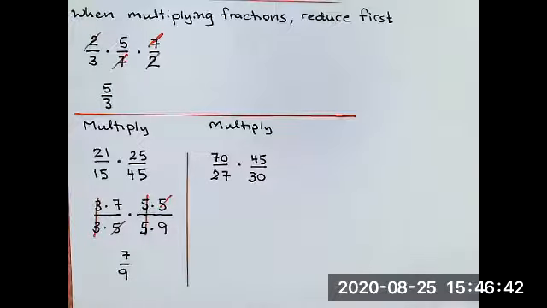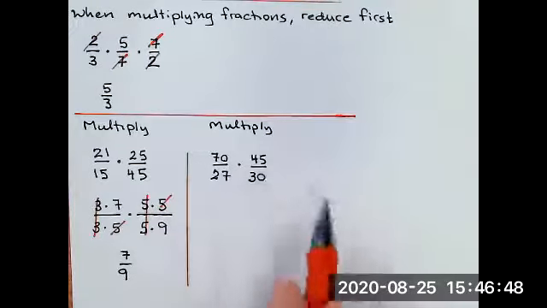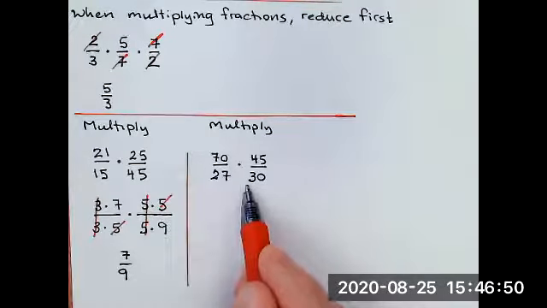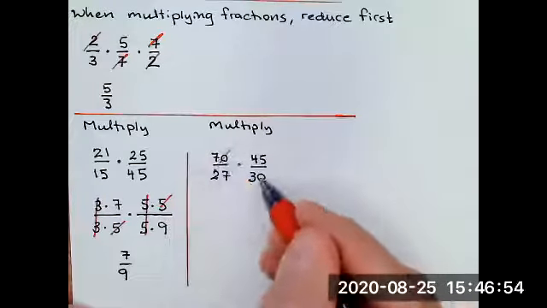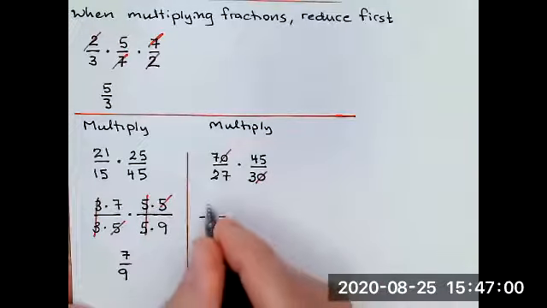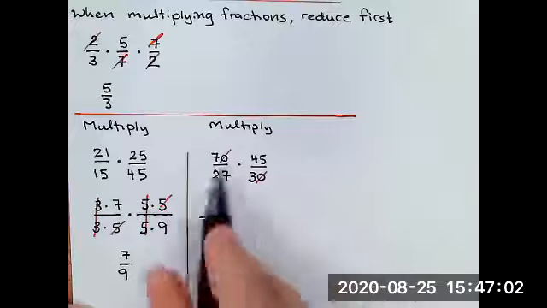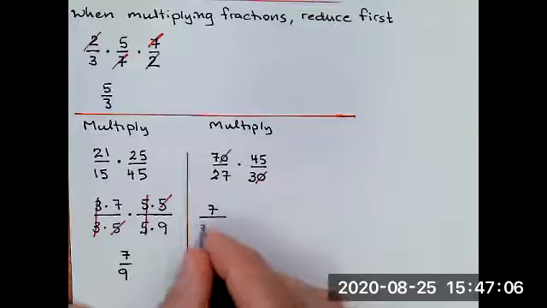All right, so right away, I'm going to recall that 70 is 7 times 10, and 30 is 3 times 10. So I can reduce 10 over 10 is equal to 1. 7 is a prime number, so we're done there. 27 is 3 times 9.